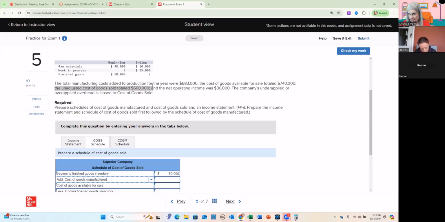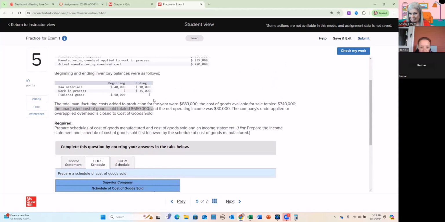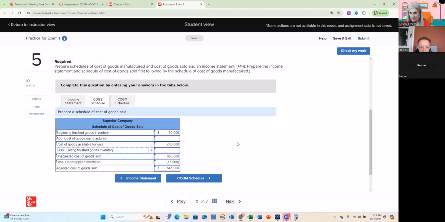That's not given, but they do give us the cost of goods available for sale, 740,000. So this number we don't know, cost of goods manufactured, and ending finished goods inventory is a question mark. But we do know that 50 plus X has to equal 740, right?